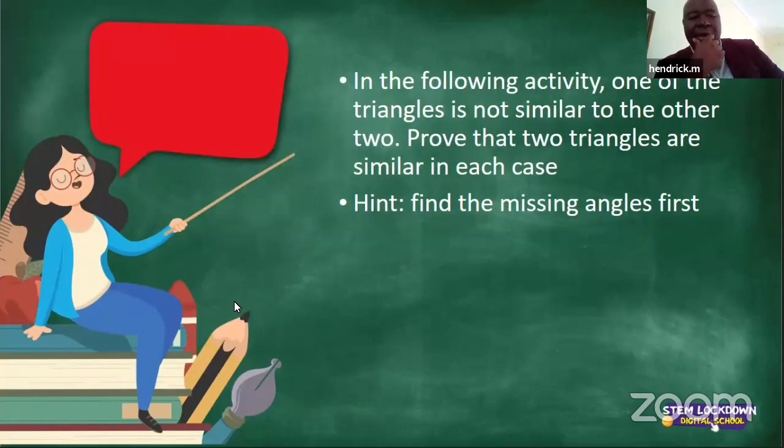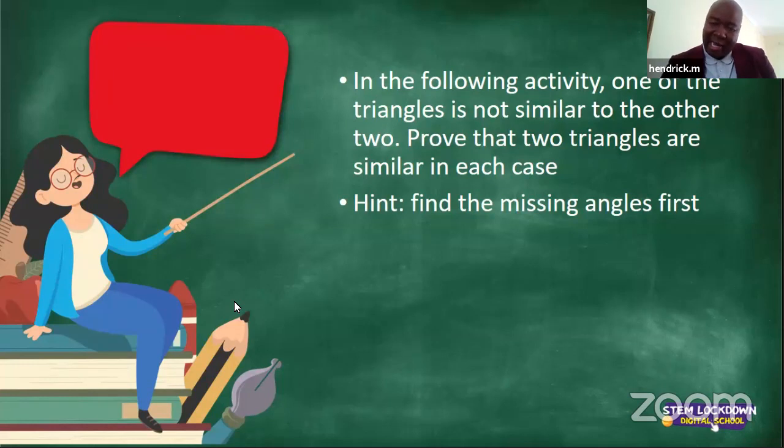Now, in the following activity, one of the triangles is not similar to the other two. I want you to prove that the two triangles are similar in each case. First things first, how do you prove similarity? You need to have all the angles.